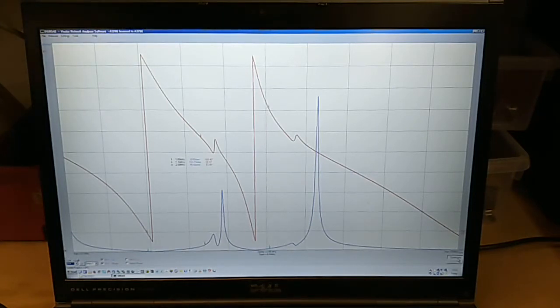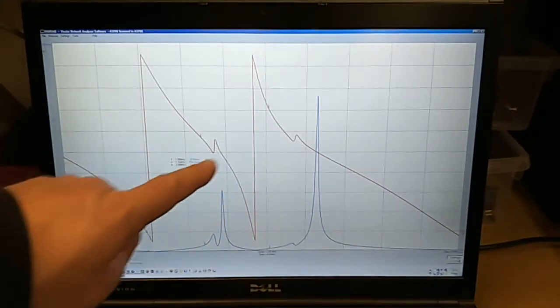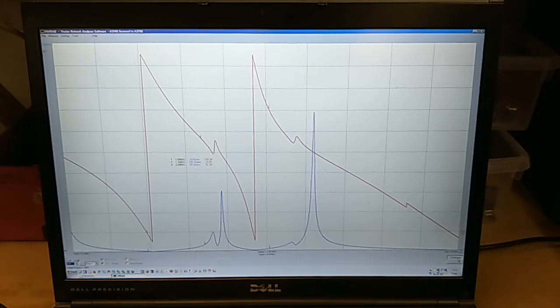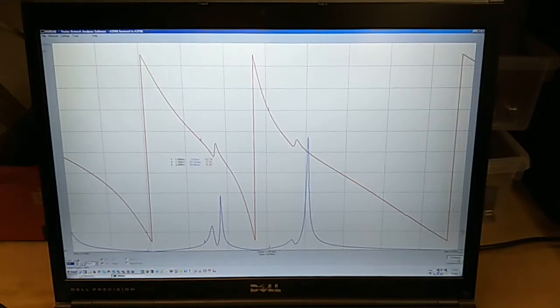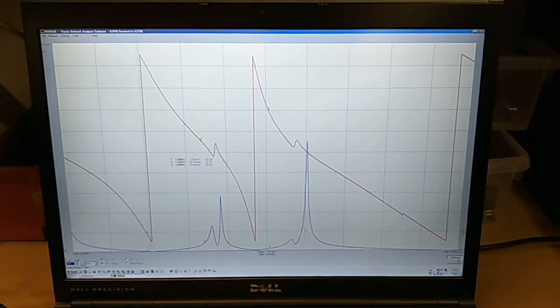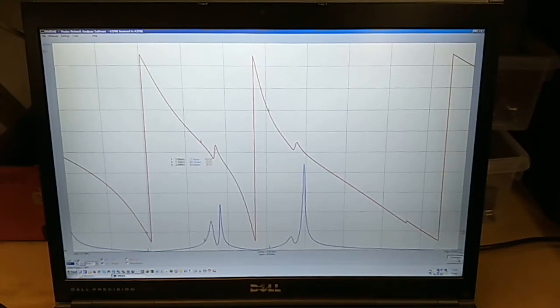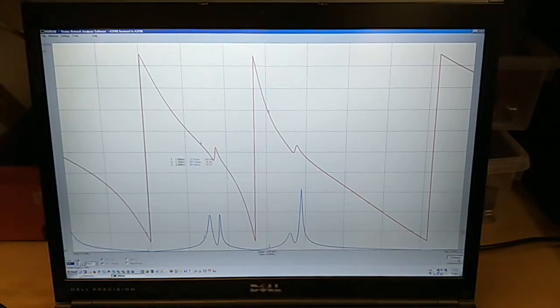Okay, much as we saw before, so now we've introduced those 2 other resonant circuits. So there's an interaction going on here as here. We've got those double peaks. Again, we're going to retune. Winding the tuning capacitor in until we get to about there.